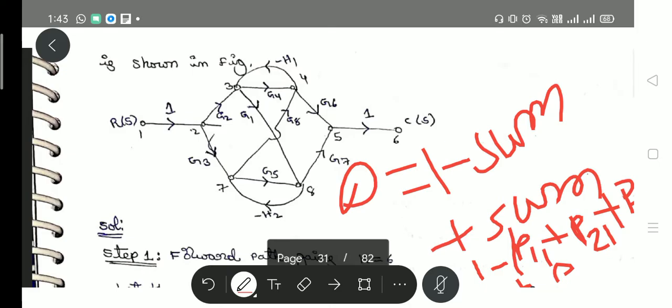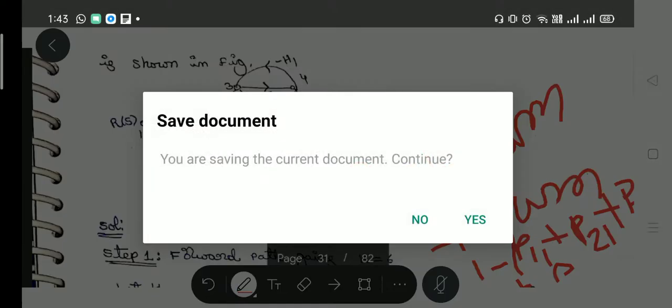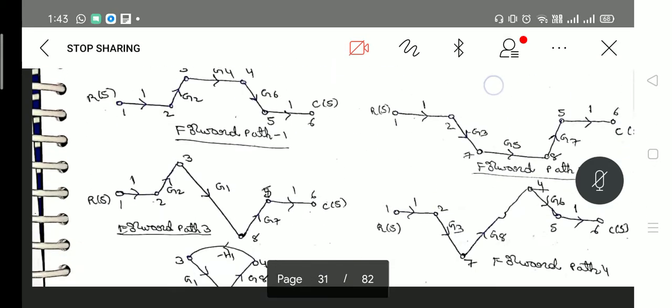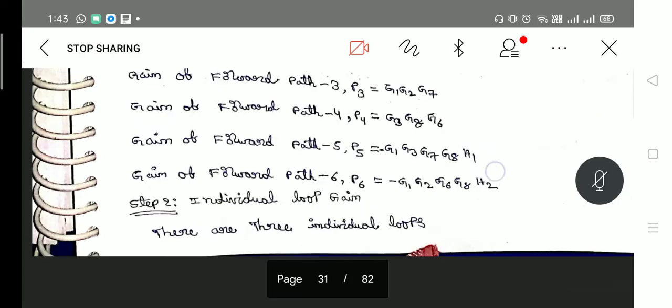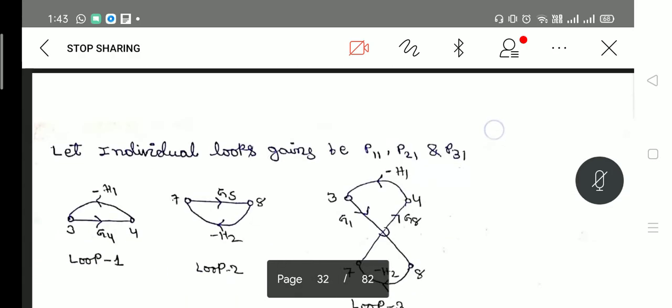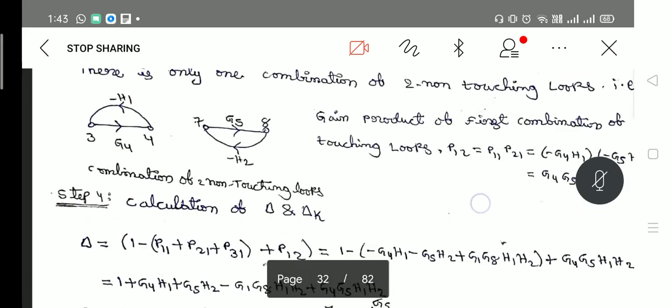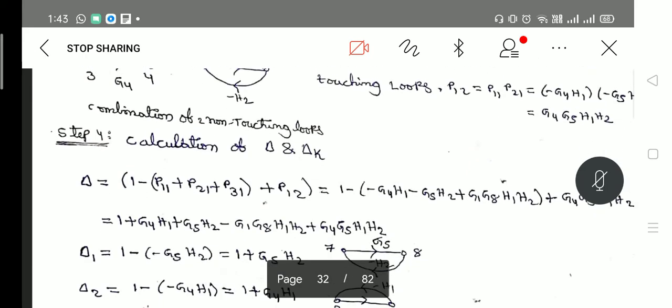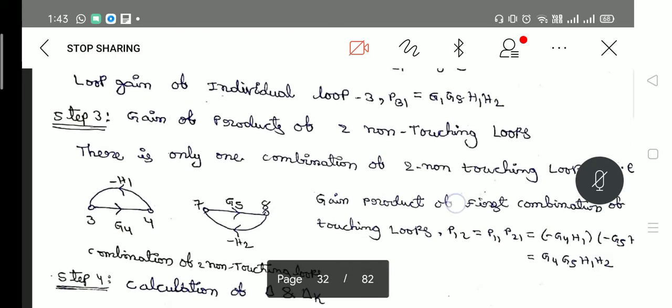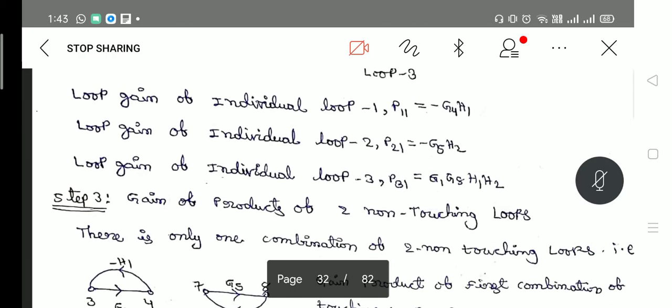So we can write that. Then we will get the delta value. Here the delta value is 1 minus the sum of individual loops plus the two non-touching loop gain, that is P12. So I am writing P11 as G4H1, minus G5H2, plus G1 G8 H1 H2.